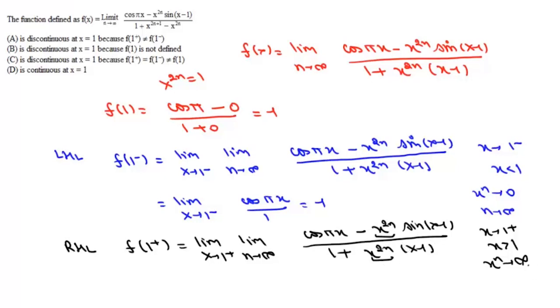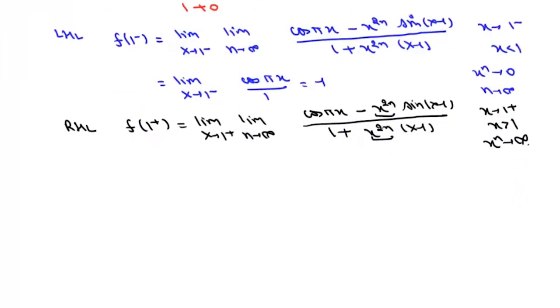So if we put this limit, then we'll get this as limit x tends to 1 positive. Now cos pi x upon x to the power 2n will be 0. So here we'll get minus sin(x minus 1), and here also 1 upon x to the power 2n will be 0. We'll get x minus 1.